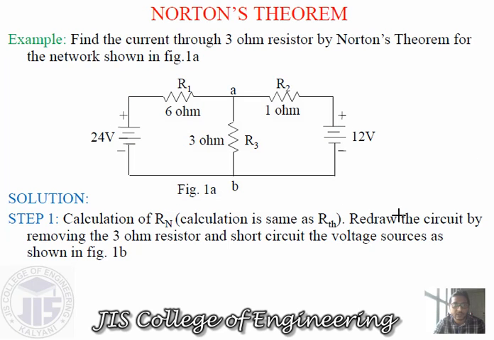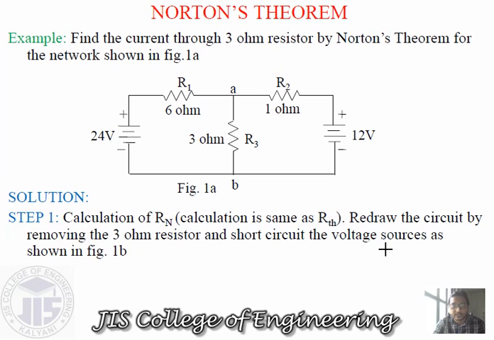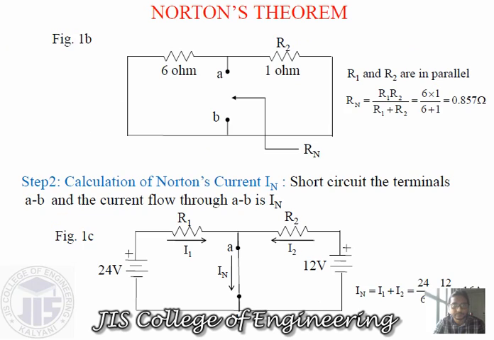To find this RT, to find this Rn, we can simply go to the next circuit. It means we have removed the load resistance, and we have replaced the sources by their internal equivalent resistance, and we are looking from the load side. Looking from this side, the 6 ohm and 1 ohm resistances are parallel to each other.